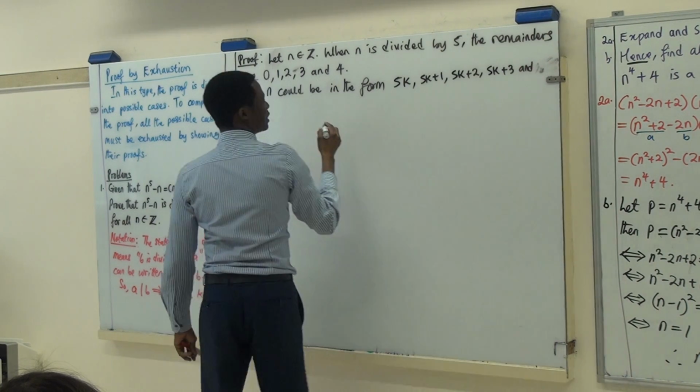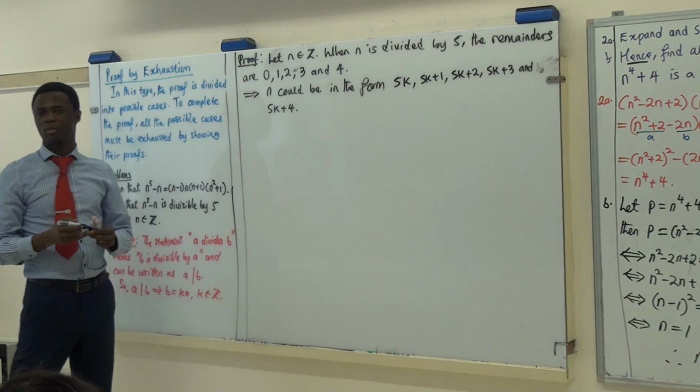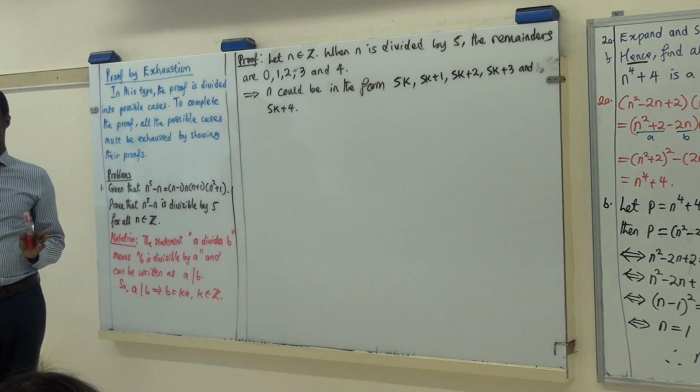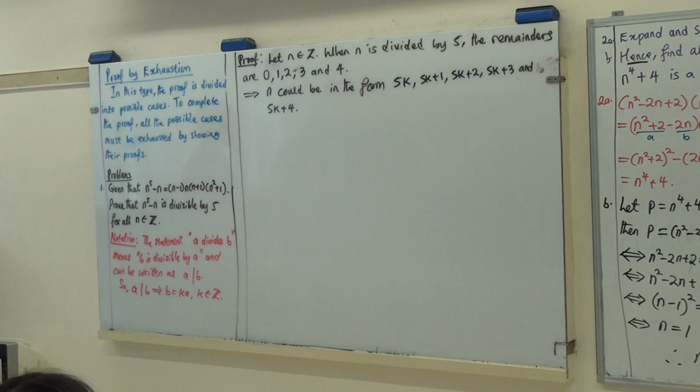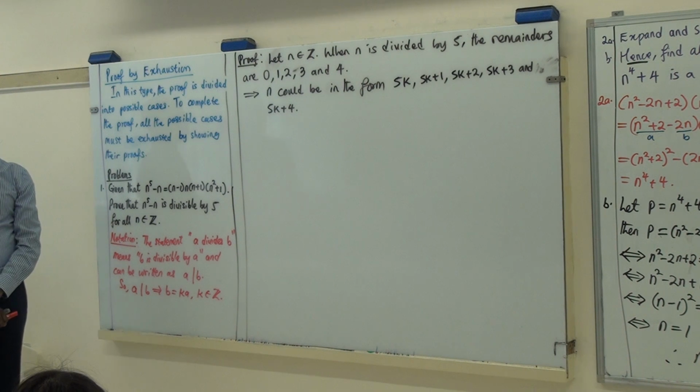These are the possible forms of n. Okay? We want to prove that this is divisible by 5. Then we consider each of the possibilities.